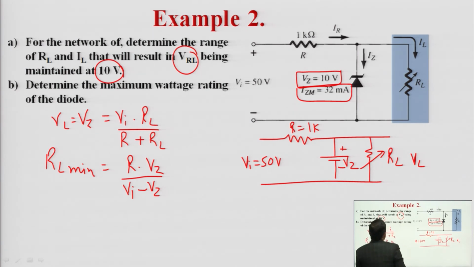So, R is fixed 1, multiplied by Vz which is 10, and Vi is 50 minus Vz which is 10.